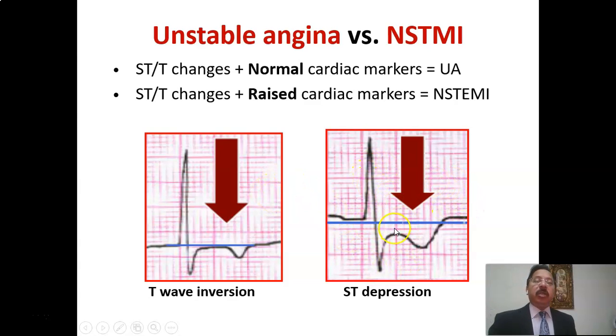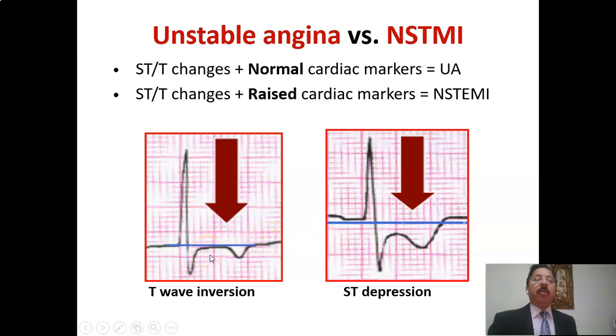Now look at these two ECG complexes, and they show ischemia, T wave inversion and ST segment depression. An important point is that if you get these ECG changes in a symptomatic patient, you have to do cardiac enzymes.